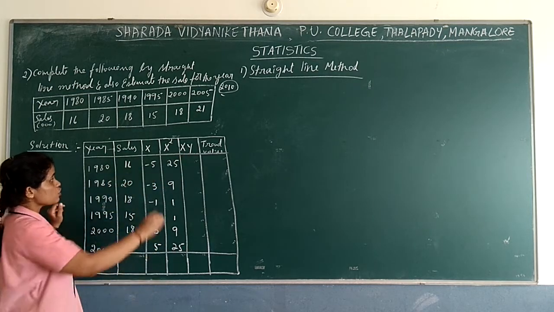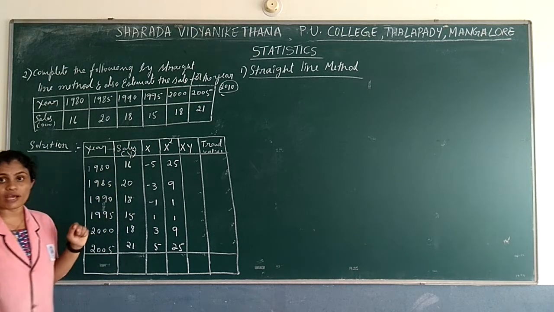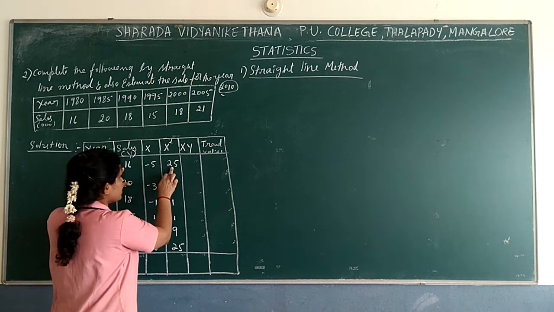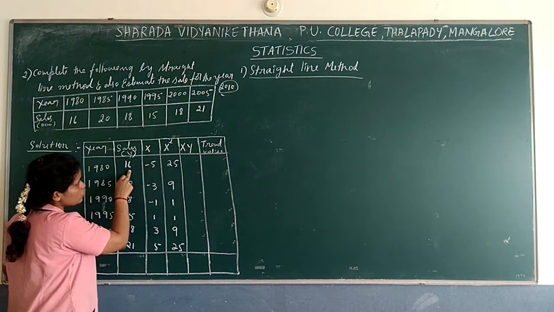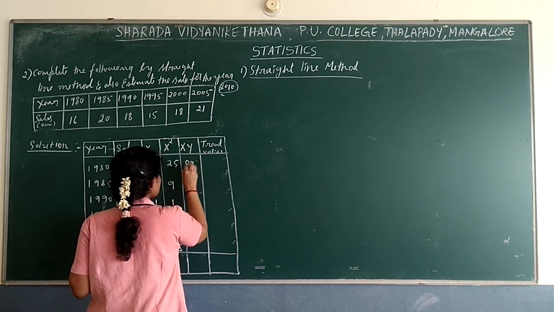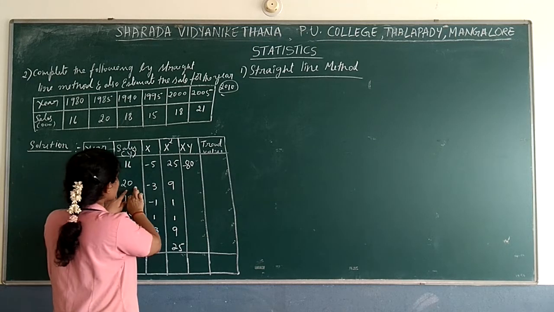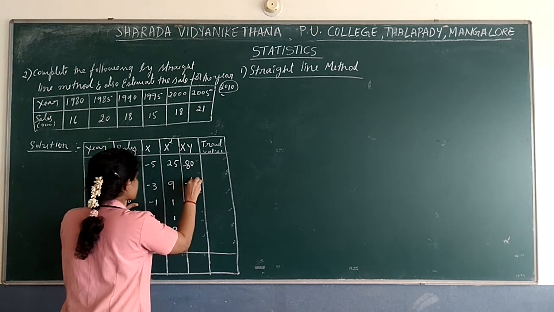Then x into y. Y is nothing but sales or the actual value which they give in the problem. X into y. Here it is 5 into 16. 5 into 16 we get 80. The sign is negative there. Then 20 into 3 we get 60.